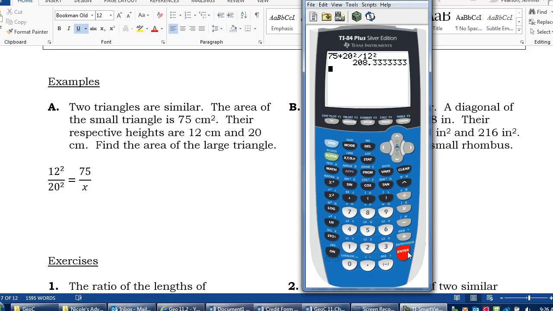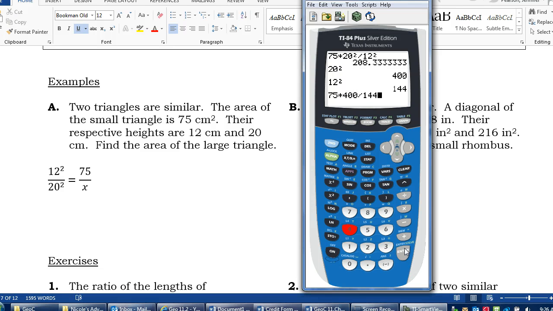If you're not really comfortable with that, or you don't have a graphing calculator or a scientific calculator, you can do your individual pieces, like 20 squared and 12 squared, and just do the problem out that way. So 75 times 400 divided by 144.